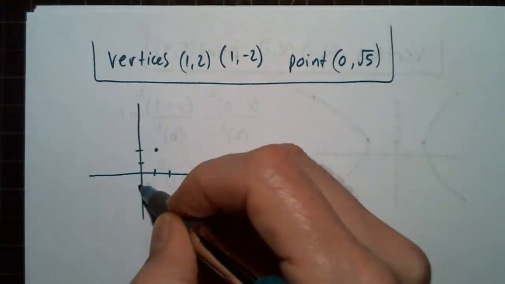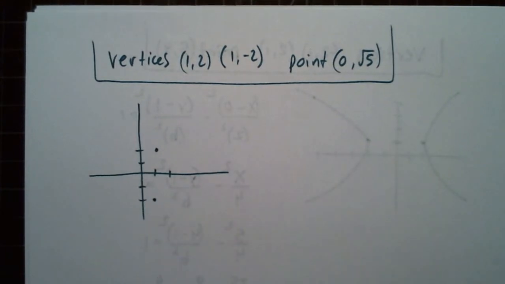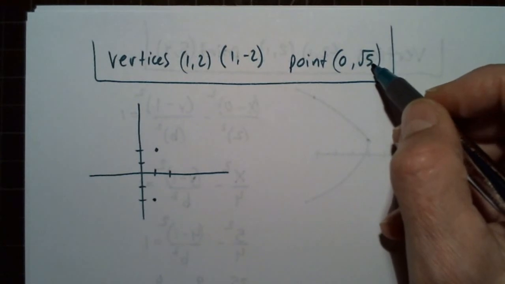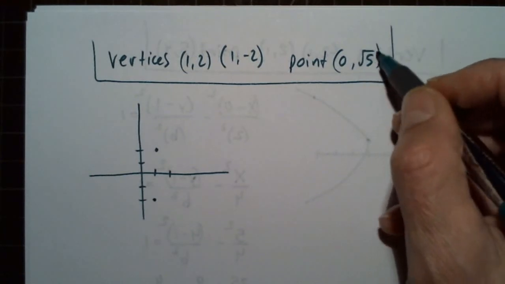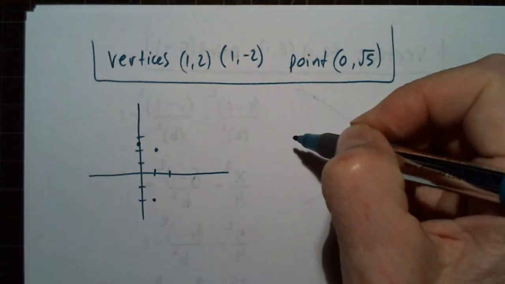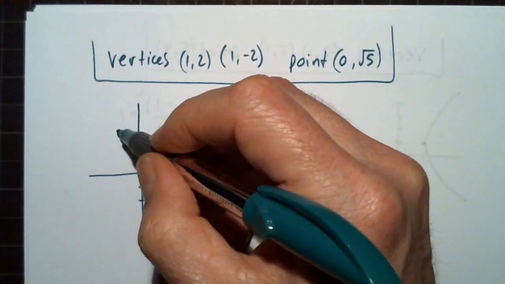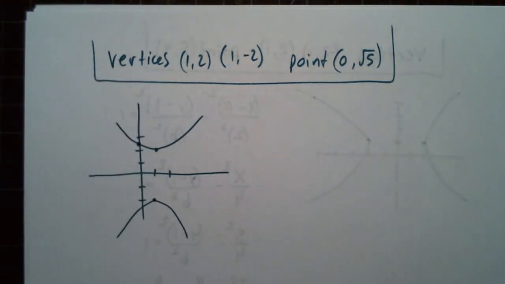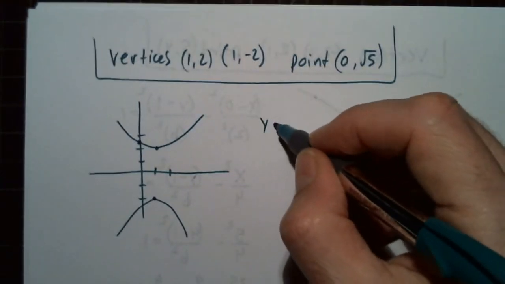Over 1 up 2, over 1 down 2, with a point at 0, radical 5. So this is between 2 and 3. It's opening vertically, so we need to have y first.